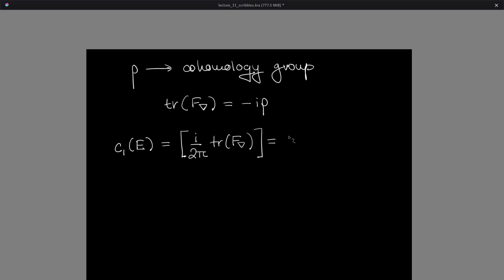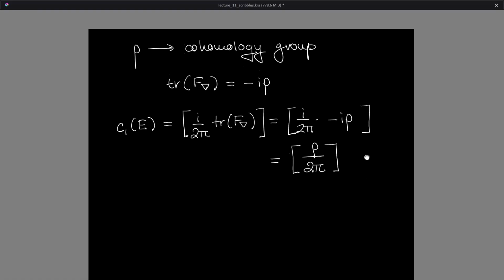If we substitute that, we get I over 2 pi times minus I rho, and the plus I and the minus I cancel out, and we get rho over 2 pi. So rho with a normalization is the representative of the first Chern class.